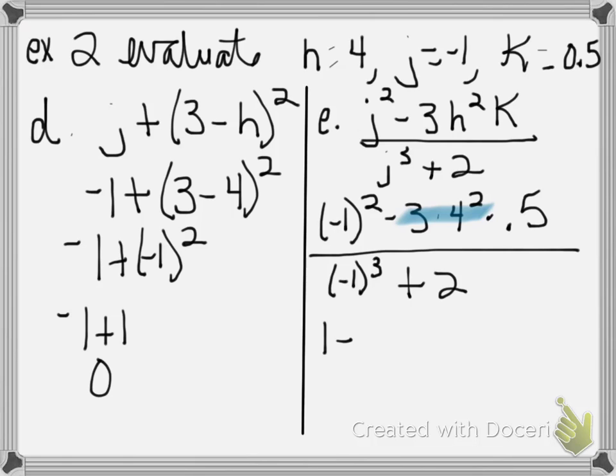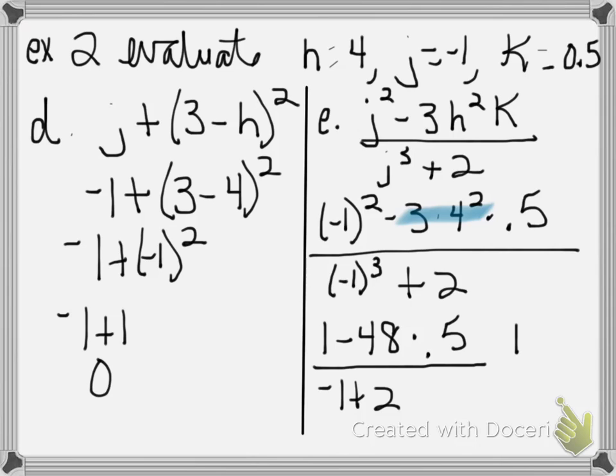You have to square 4 and get 16, and then multiply it times a -3 and get a -48, or we write it as a -48 times 0.5. In the denominator, -1 to the third power. My base is a negative, my exponent is an odd, therefore my answer is going to be a -1 plus 2.